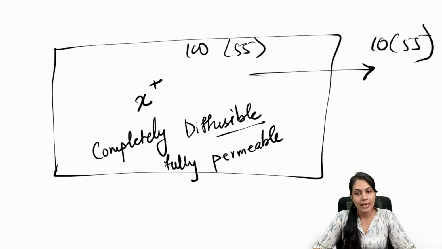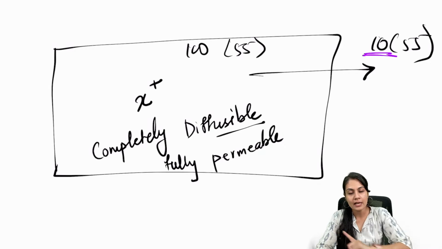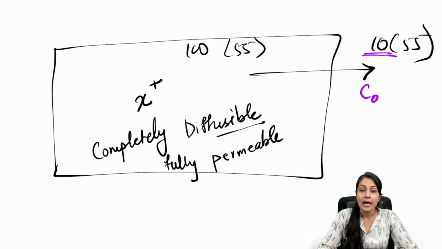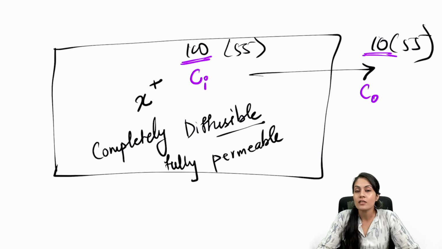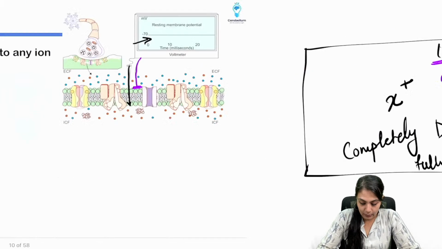How to calculate that? For that I need two values. What are the two values? The concentration outside of the cell, which I'm going to write as CO, that is concentration outside, and I require the concentration present inside the cell. Nernst has given the equation, and according to that we can easily calculate it.